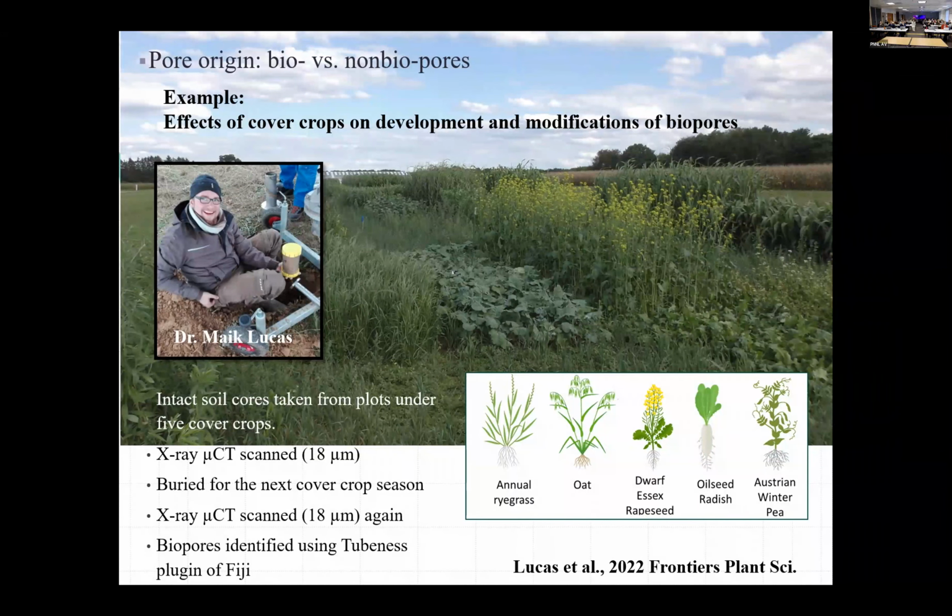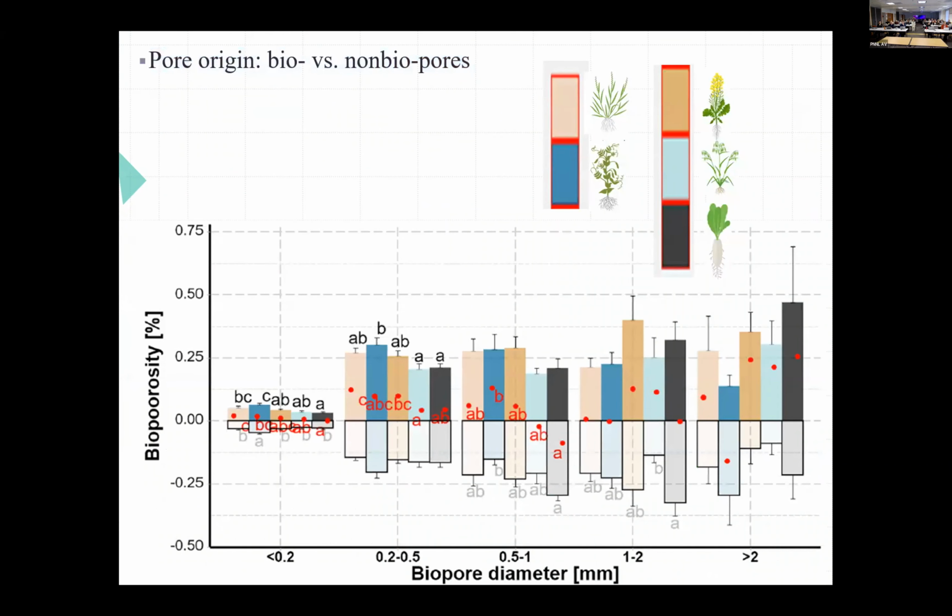And then what Mike did, next season, he put them back in the ground. He wrapped them in a mesh that would be penetrable to the roots. So he buried them under the ground in the plots of the same cover crops from where they came. As a result, he had a tons of variety of image analysis done there.